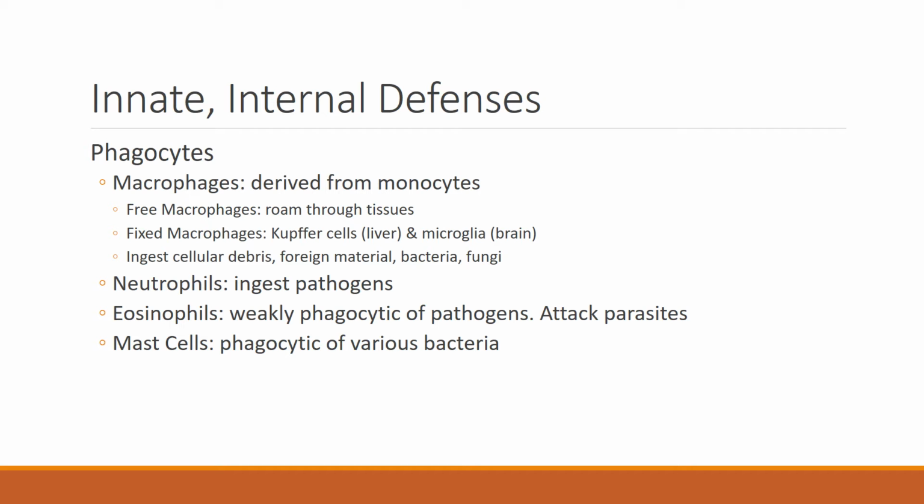The last type of phagocytic cell that we have are mast cells, found around connective tissue, and they have a phagocytic ability to get rid of bacteria. A big thing with them is that they also release histamine and other chemicals that are involved in the inflammatory process.